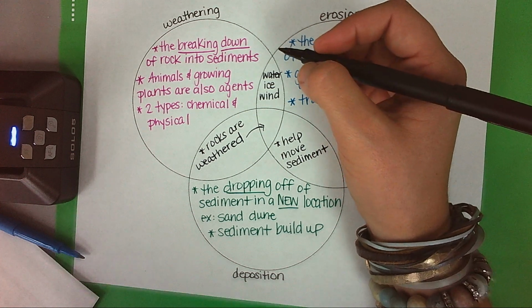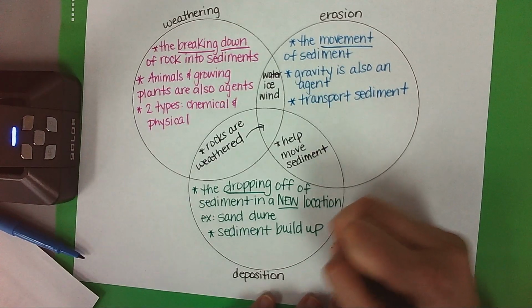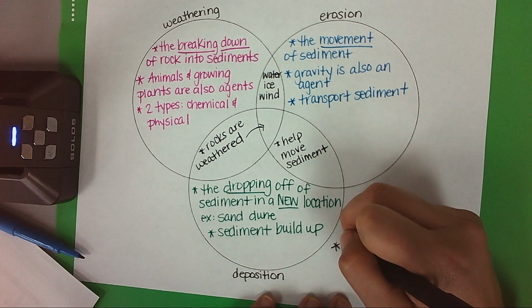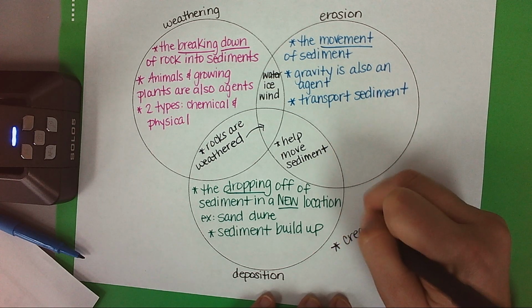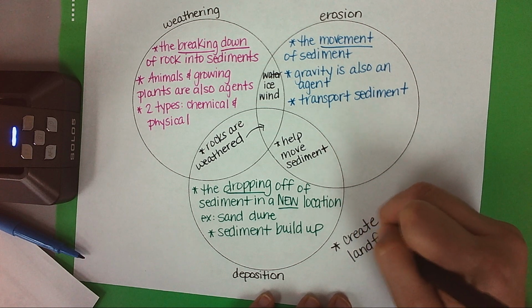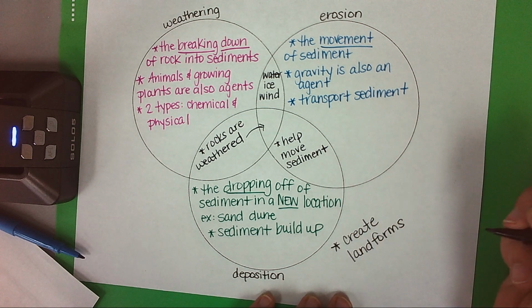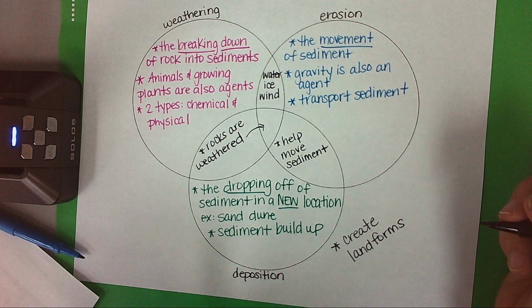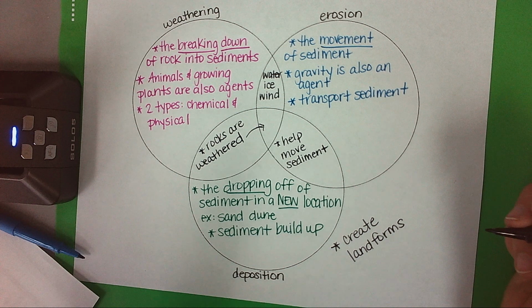All of these processes create landforms, and landforms is going to be our next lesson. So weathering breaks down the rock, erosion moves that rock, and deposition drops it off.